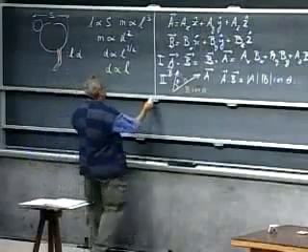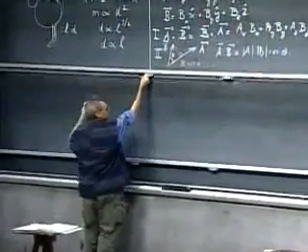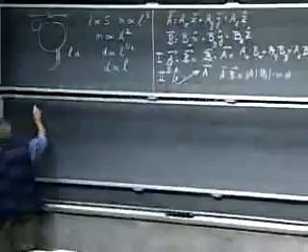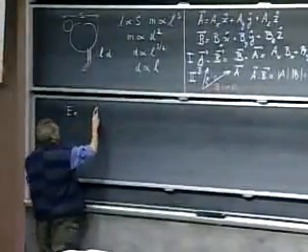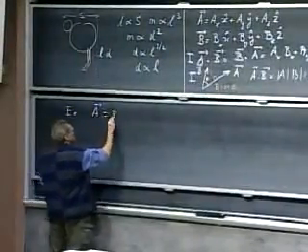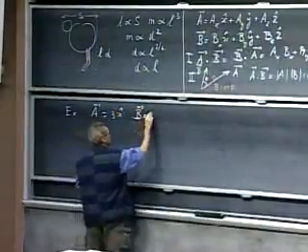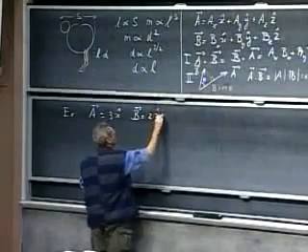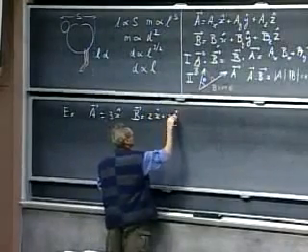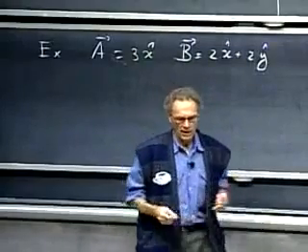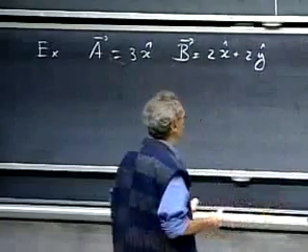Let us take a down-to-earth example of a dot product. Suppose A equals 3x and B equals 2x plus 2y. And I'm asking you, what is the dot product?